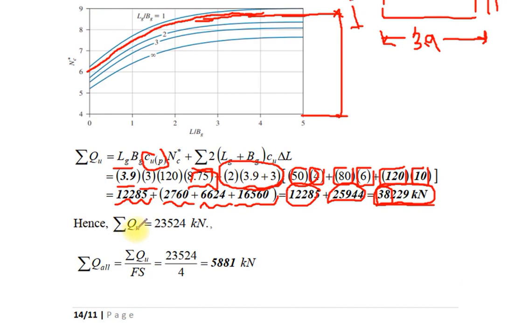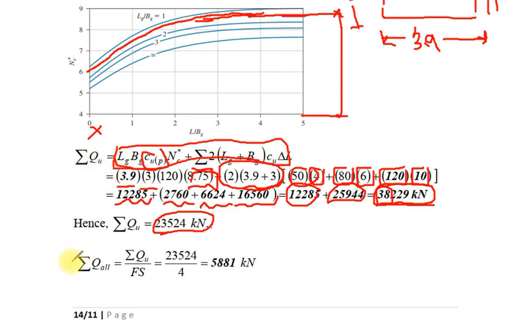Therefore, the total ultimate bearing capacity of the pile group is 23,524 kilonewton. Please note that in the second step, we don't need to multiply the ultimate bearing capacity by the number of piles, since we assume that all the piles behave as a block.